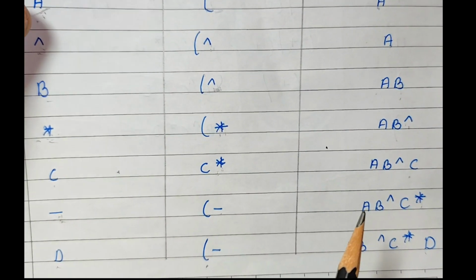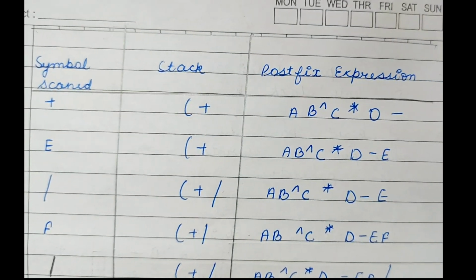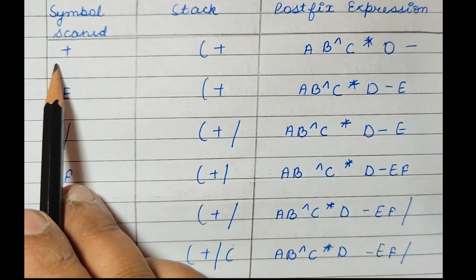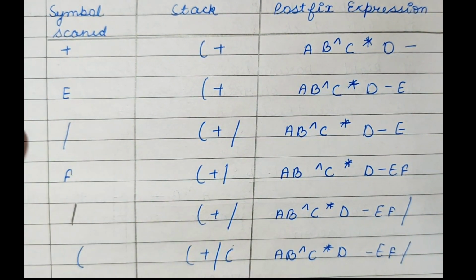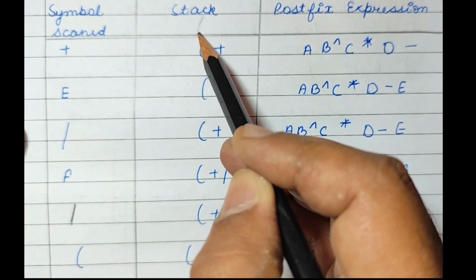So after this we move further. Now after D we are scanning plus. In the stack we have minus here.